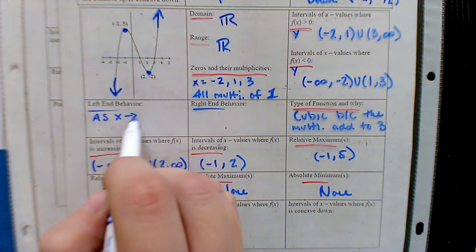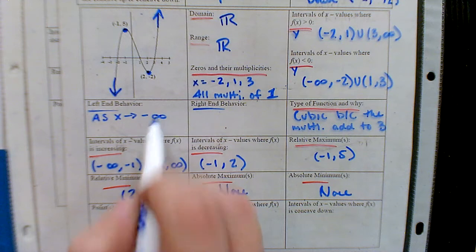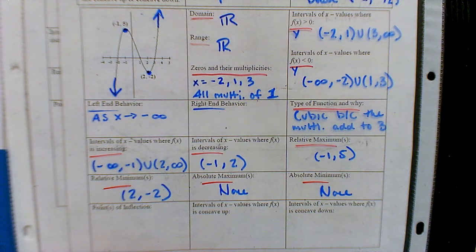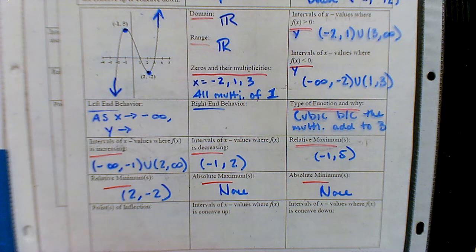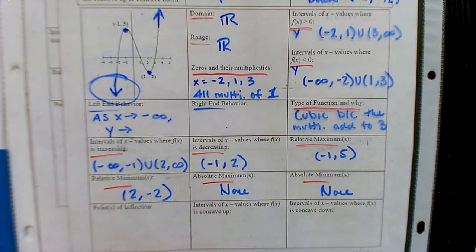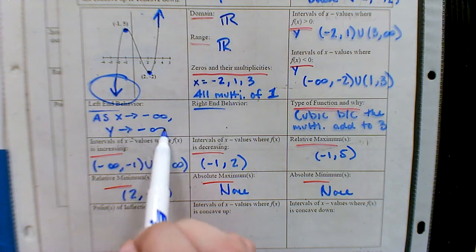So as the x's get smaller, meaning towards the left-hand side, what are the y values doing? How is your graph behaving? What's the left side of your graph look like? Yeah. It's heading towards negative infinity.